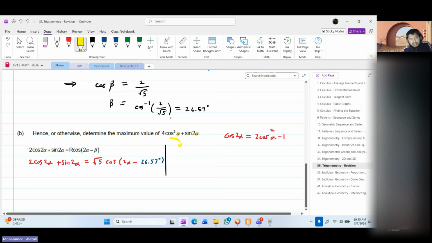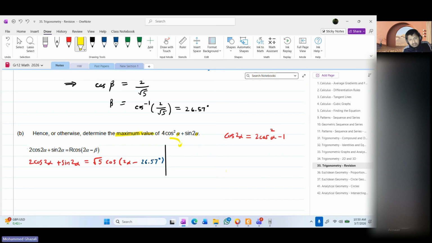They want the maximum value of this part. Either way, it's going to work both ways. So I'm solving for cos squared alpha: I add the 1 and then divide by 2.